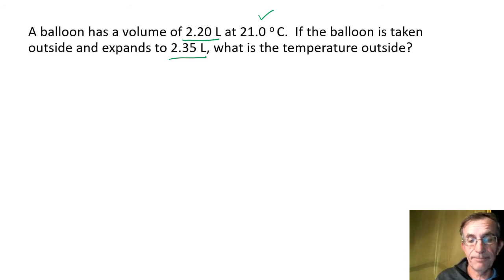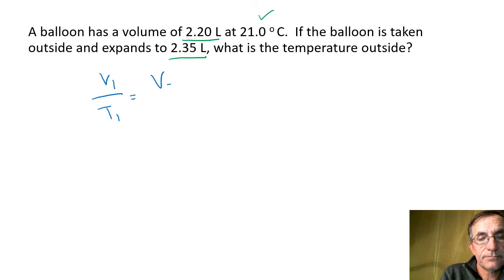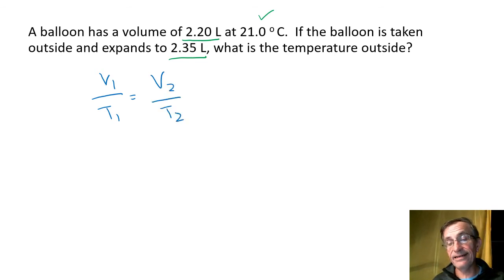So we're changing the temperature. Boyle's law is going to help us. The other thing, we got to put in the numbers and make sure you remember temperatures have to be in Kelvin. A balloon has a volume of 2.20 liters. That is my beginning volume.